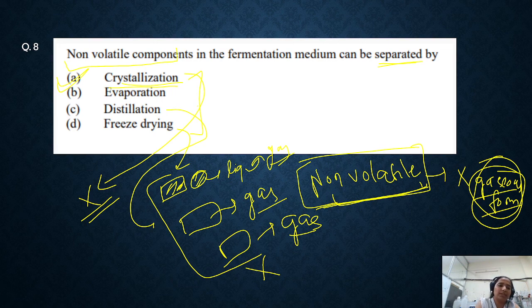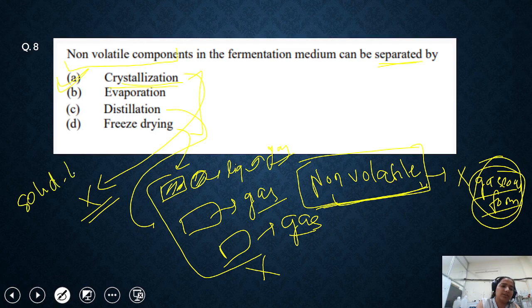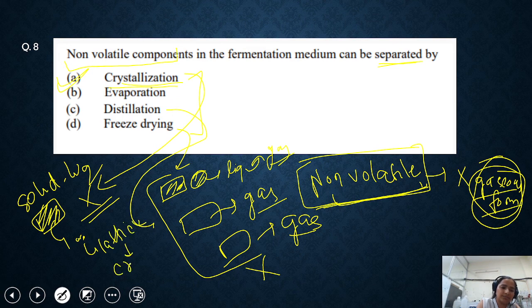What will happen in crystallization? Mainly, suppose you have a mixture where solid or liquid is present, then aggregation will occur, and finally, according to their lattice, the crystal will form. What does lattice represent here?